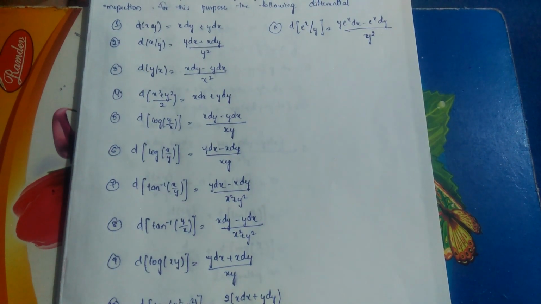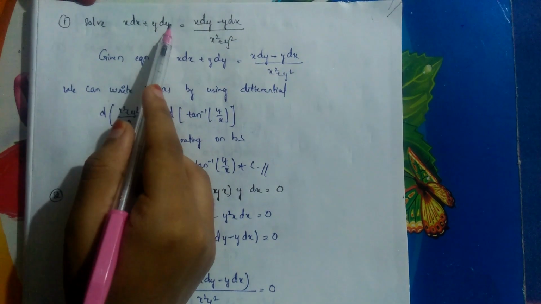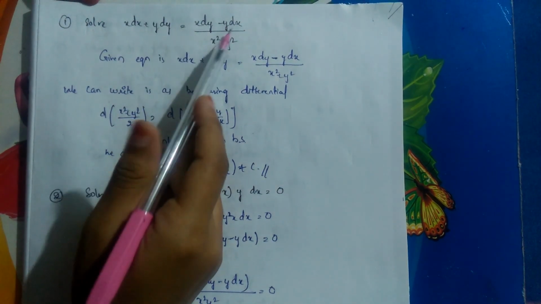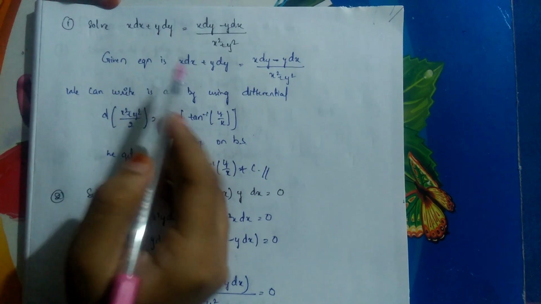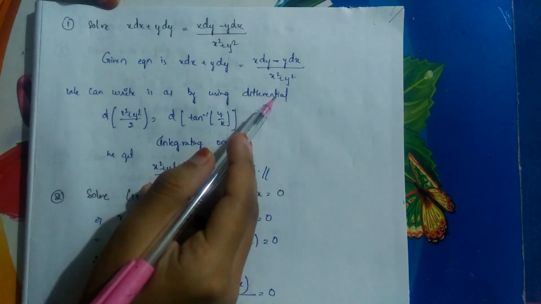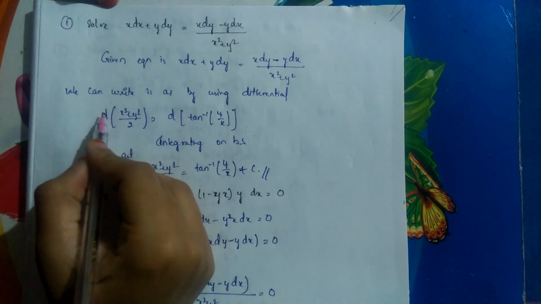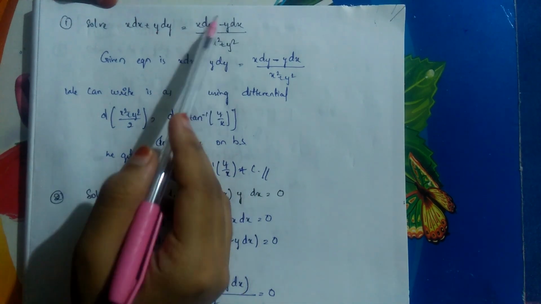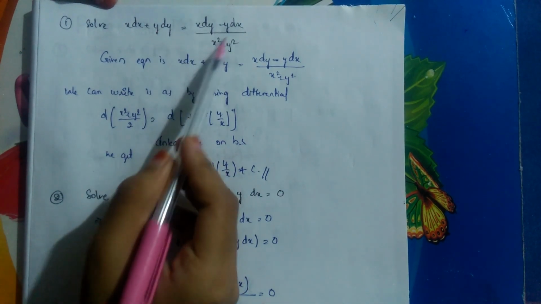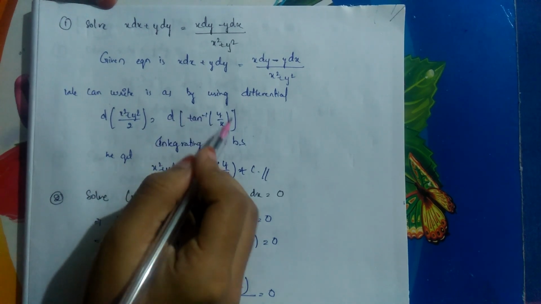Let's see a few problems on this inspection method. So here we have: solve x dx plus y dy is equal to x dy minus y dx by x square plus y square. So now this is the given equation. Then we can write it by using differentials. From that formula, x dx plus y dy can be written as d of (x square plus y square) by 2, and x dy minus y dx by x square plus y square can be written as d of tan inverse of y by x.